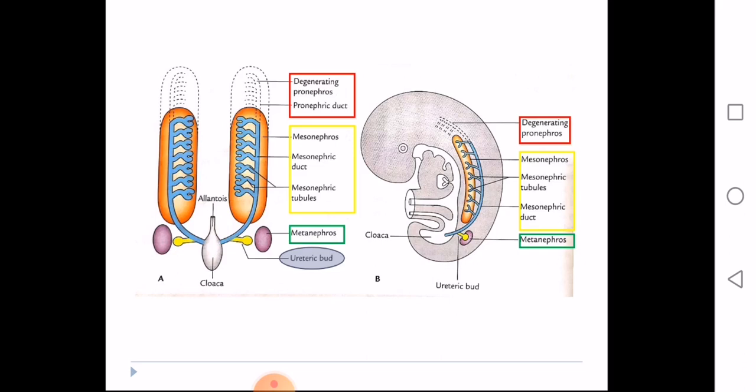I hope all of you have understood. So most of these tubules disappear, but some of them are modified. And do you know what it takes part in? It takes part in the formation of the vasa efferentia of the testis.